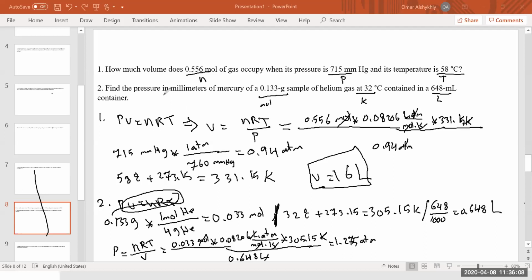Now they are asking in millimeter mercury, so we have to convert the atmosphere to millimeter mercury. 1 atmosphere is 760 millimeter mercury. Times 760, that gives me 969 millimeter mercury.